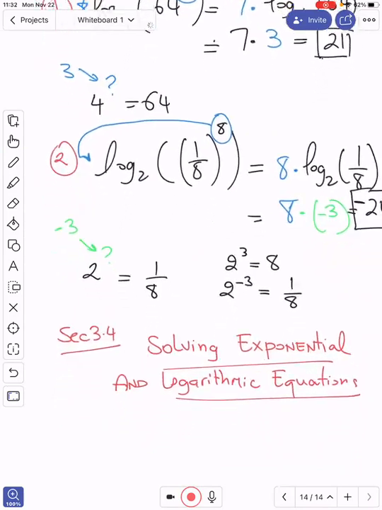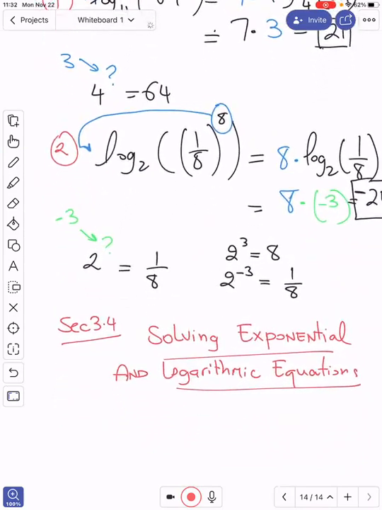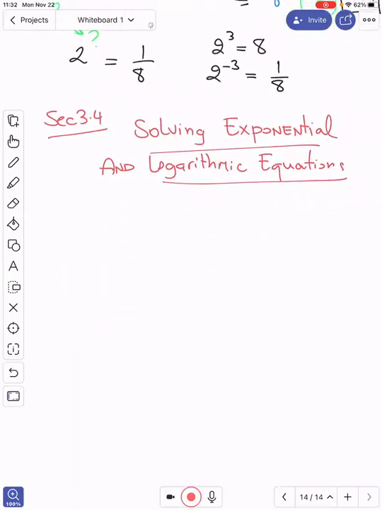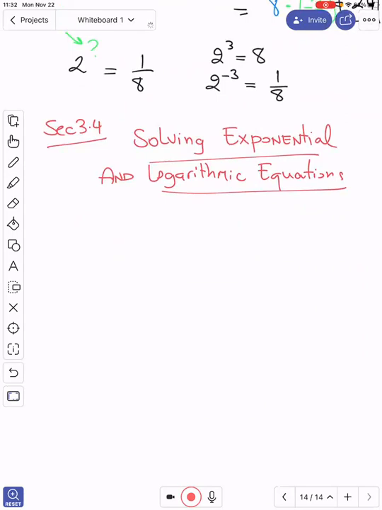As I said, the most important section in this chapter would be this one here, 3.4. We're going to use all our formulas to solve equations. In the test or in the final, it's more about solving exponential and logarithmic equations.